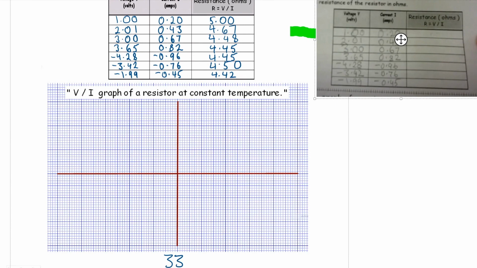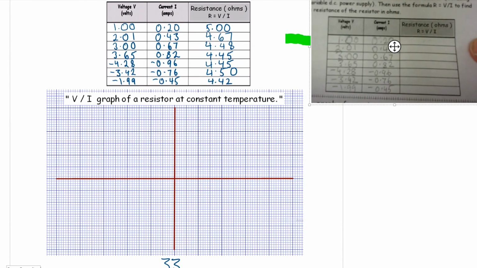When working out the scale of the graph, what you need to do is look at the highest voltage, which is on the positive axis, 3.65, and the negative minus 4.28. And for current, you've got to go up to at least 0.82, that's the highest positive, and minus 0.96, the negative axis.